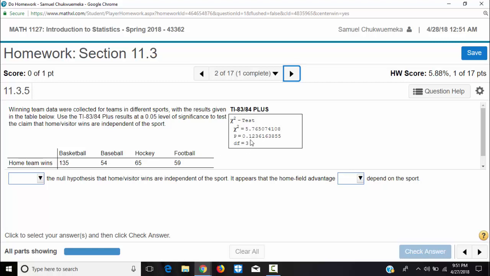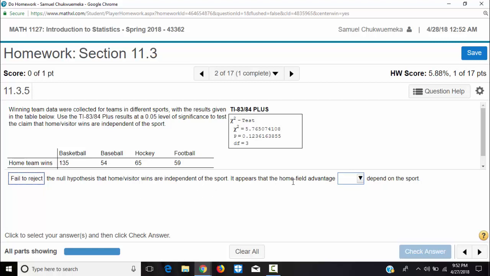As you can see here, the p-value is 0.12361638855. At the 0.05 level of significance, the p-value is greater than the level of significance. So because it's greater, do not reject the null hypothesis. Fail to reject the null hypothesis that home/visitor wins are independent of the sport.